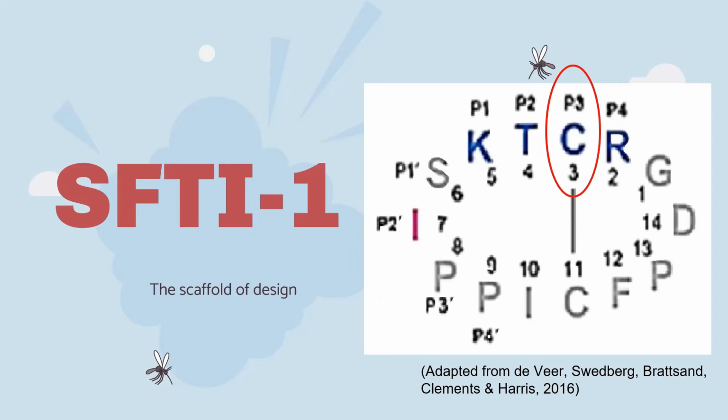The only exception is the conservation of the P3 residues for all mutants, due to the importance of these cysteine residues in the formation of the stabilizing disulfide bridge. These P3 residues are highlighted with red circles here.